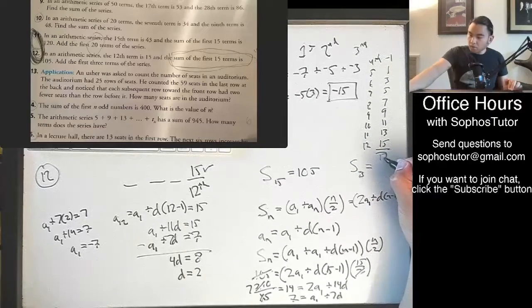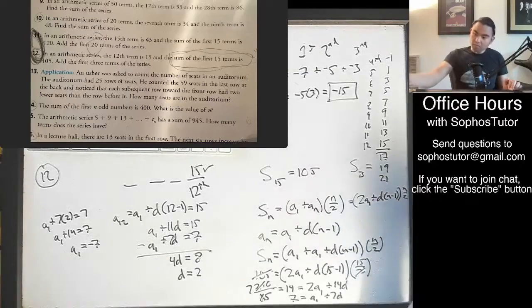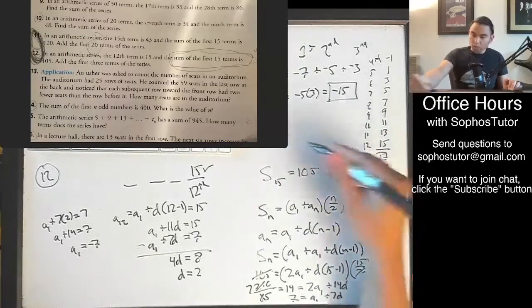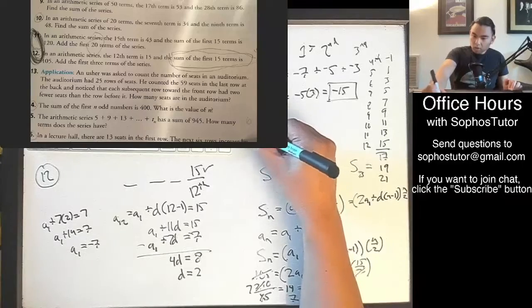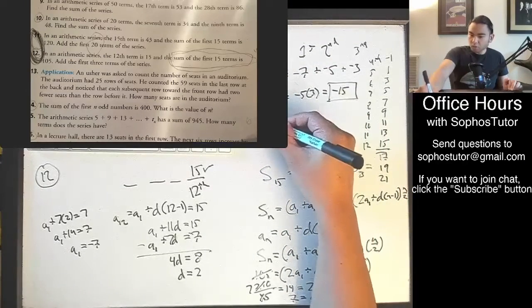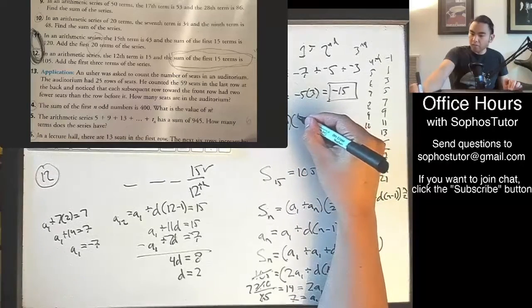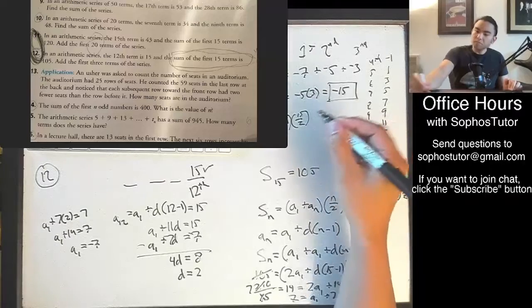So this is the 13th term, the 14th term, and the 15th term. I guess if we added all these up, we should get 105. So as we learned before, we can do this by adding the first term and the last term. So the first term is negative 7 plus 21. And then we're going to multiply this by 15 divided by 2.